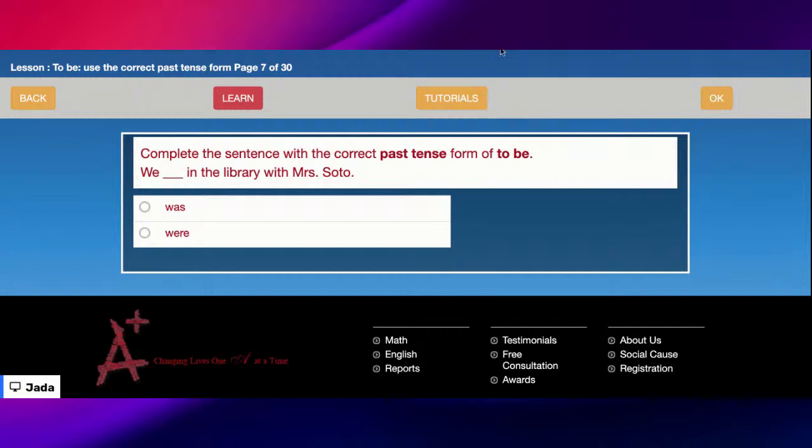We dash in the library with Mrs. Soto. So what's this one?